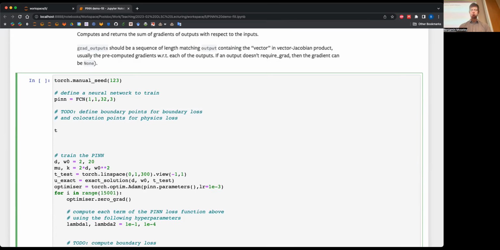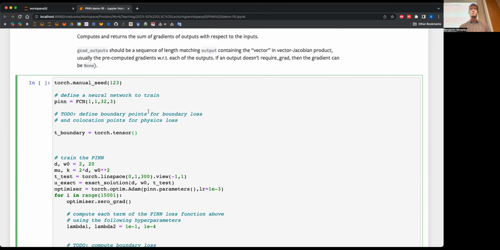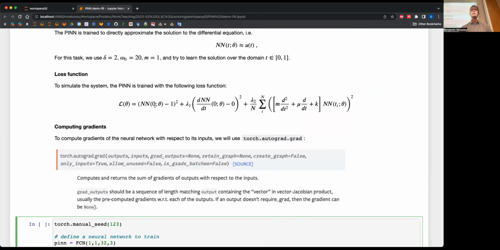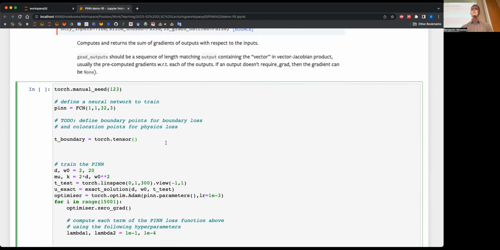So how do we do that in PyTorch? We can do t boundary equals torch.tensor. We only need 1 point here, t equals 0, because this is just a one-dimensional problem. One really important thing we need to do is set requires grad equals true. Does anyone know why we need to do that flag in PyTorch?